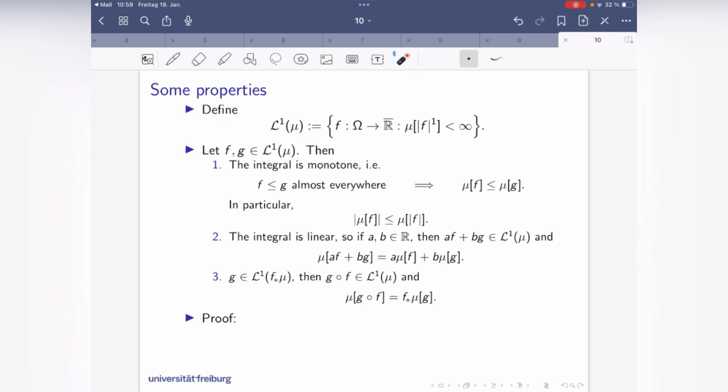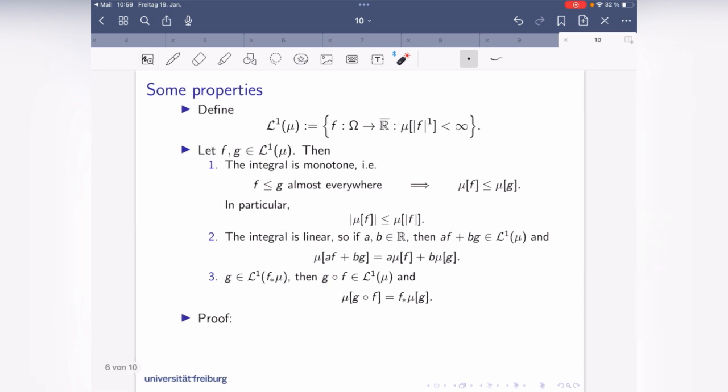Some properties. Okay, monotonicity. Now it's a bit different. If f is smaller or equal than g almost everywhere, so it means there's a null set such that f can be also bigger than g, but only on a null set, then mu of f is smaller or equal than mu of g. In particular, what we will need frequently is this here.